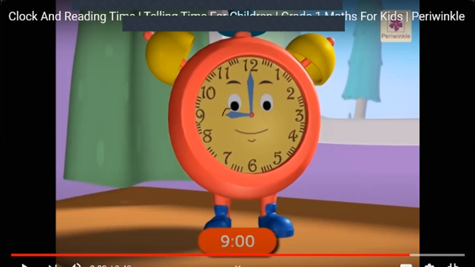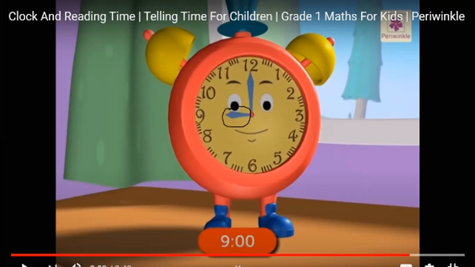This small hand has to take 2 full circles, means it will start from 1, right? Then it will reach number 12, and then from 12 again it has to start from 1, and then again it has to reach number 12. So this short hand has to complete how many circles? 2 circles, right? As they have told you in this video also, that it has to take full 2 circles.